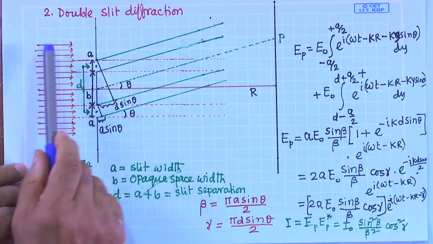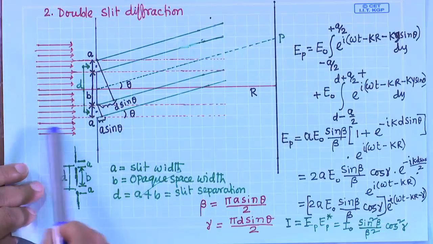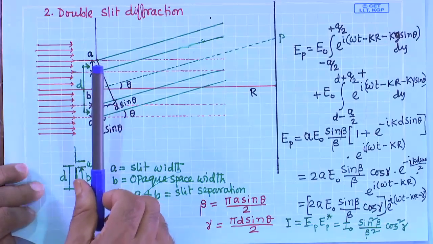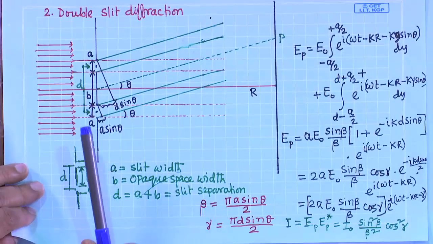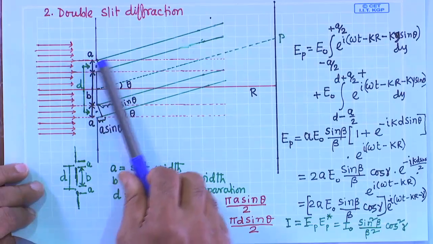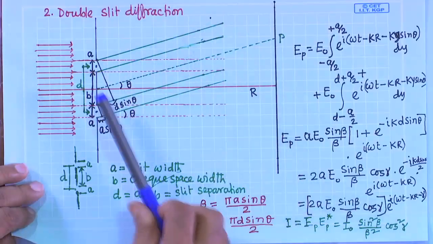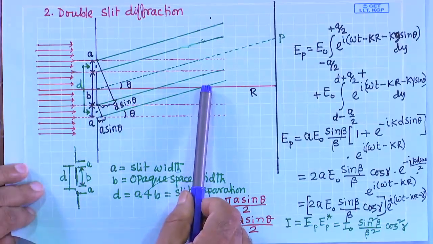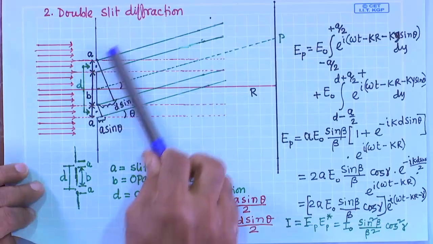Now, in the same way, plane waves with parallel rays fall on this double slit, and there will be diffracted rays from both slits. They will interfere.